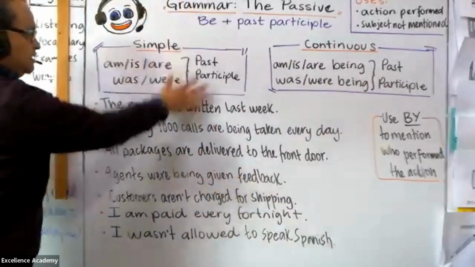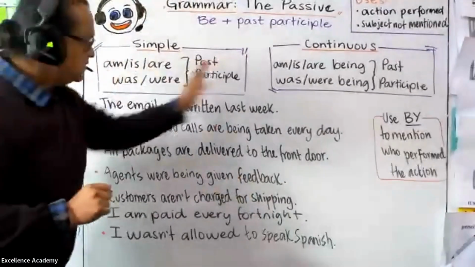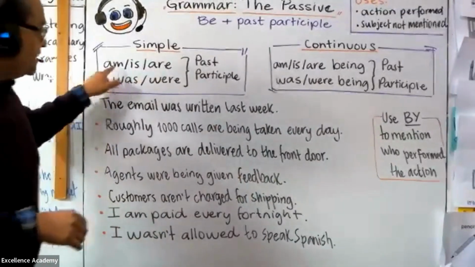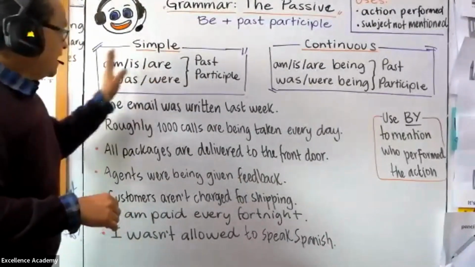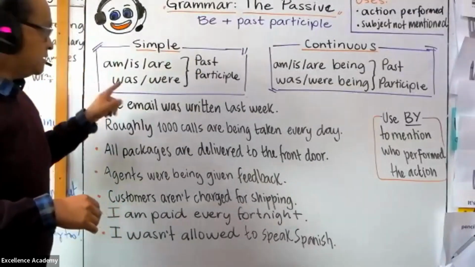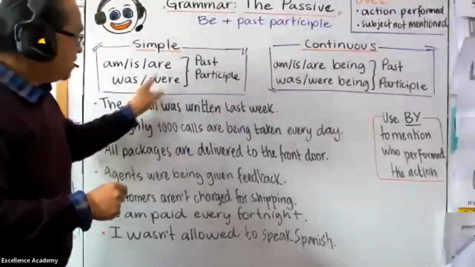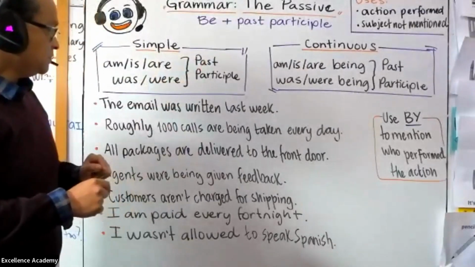So let's begin with the simple structure. In terms of the simple structure, you're going to have the be form. Here we have the present tense, am, is, are, plus the past participle. Or if you're going to express this in the simple past, you're going to have was and were, plus the past participle.